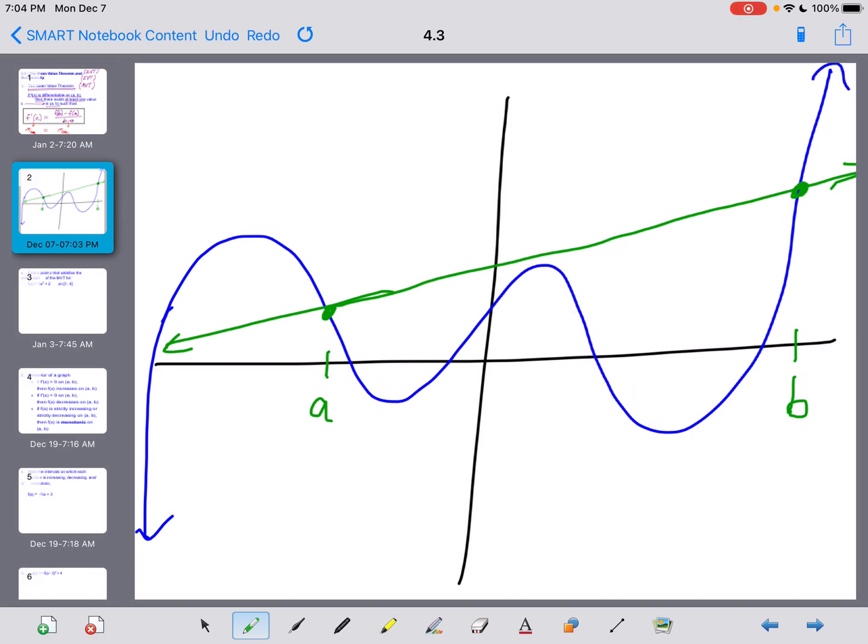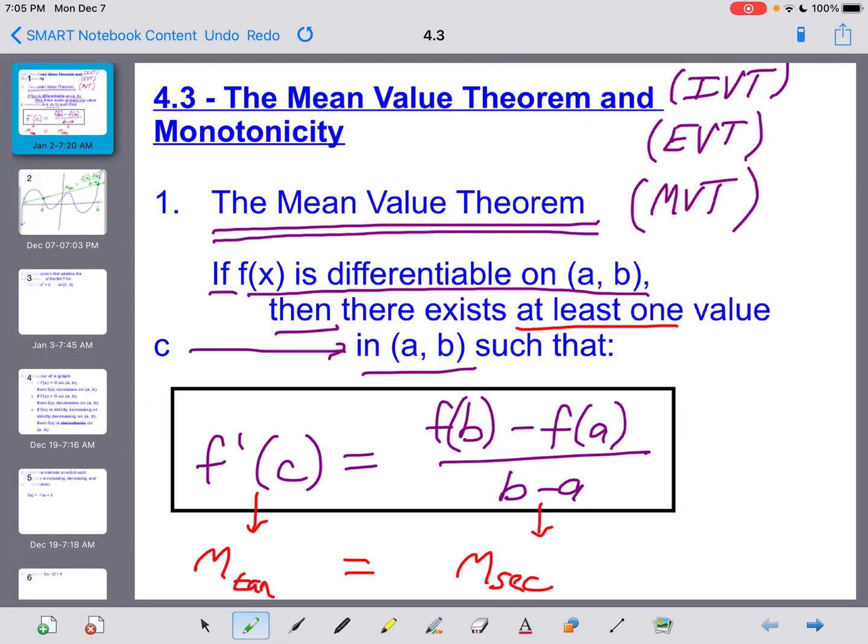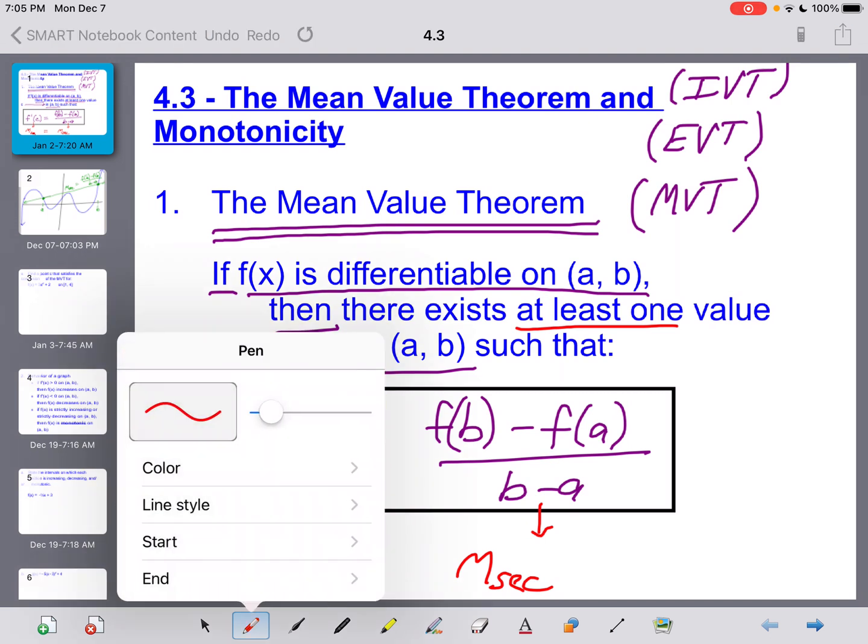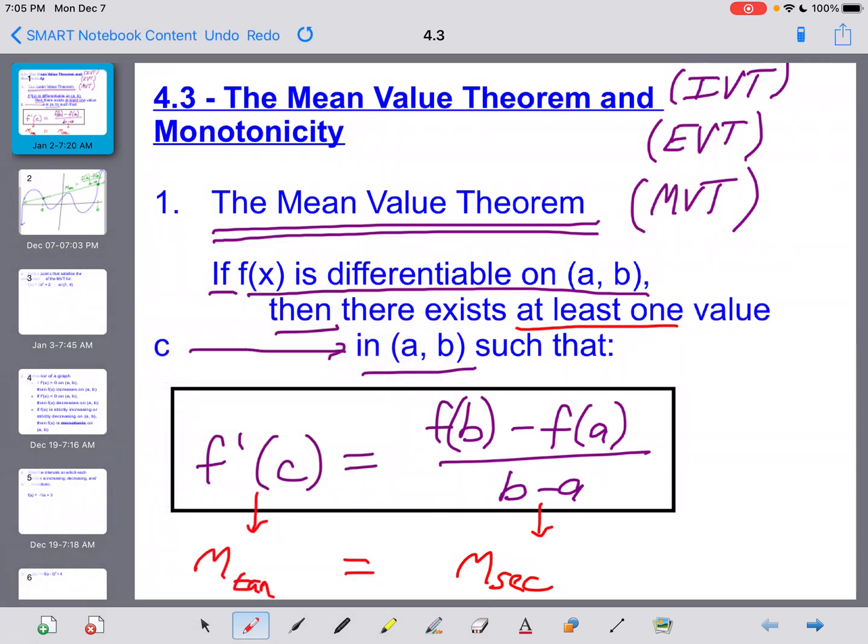You might even want to write here that the slope of that secant is equal to, as we've been saying for a few months now, f of B minus f of A all over B minus A. Now, what the mean value theorem tells us is that if that function is differentiable on the interval from A to B, and the graph that we drew does exactly that, then there's got to be at least one value C in this interval between A and B, such that the slope of your tangent line, f prime of C, has to equal the slope of your secant line.